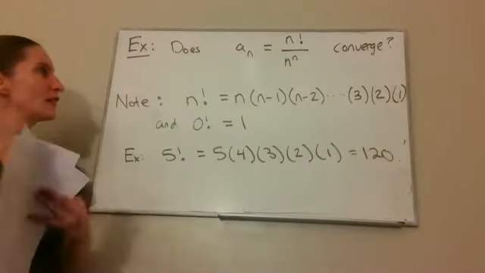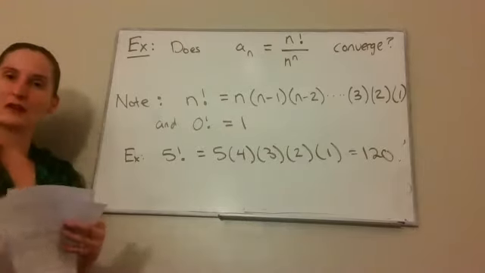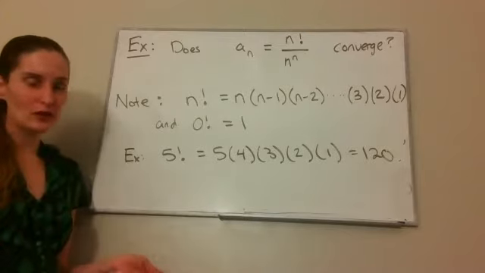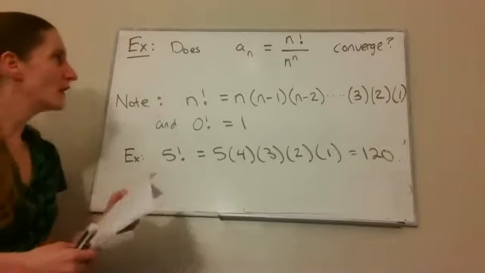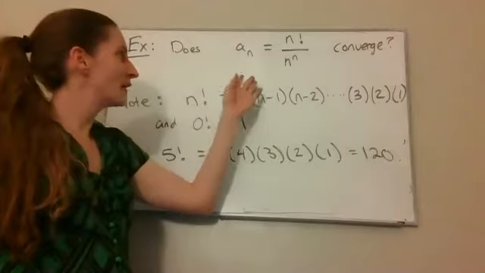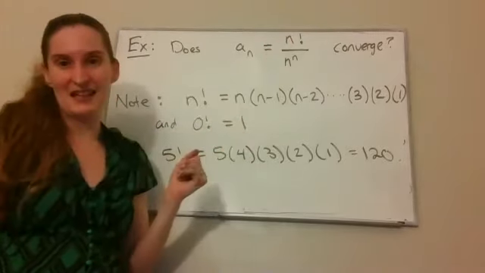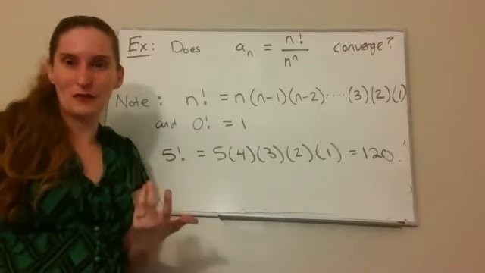So we want to figure out if this n factorial over n to the n converges or diverges. If you think about it, as n gets bigger and bigger, this n factorial is going to get really big, and so is n to the n. We have like an infinity over infinity.